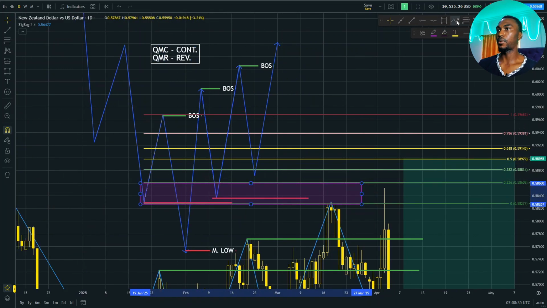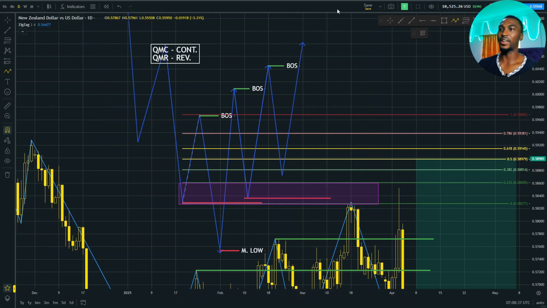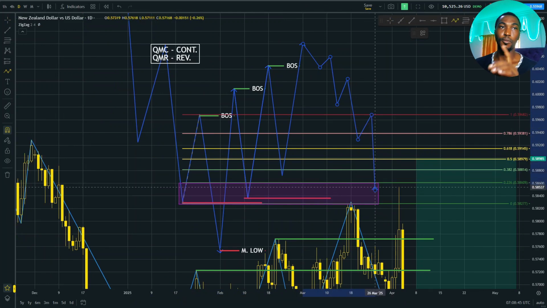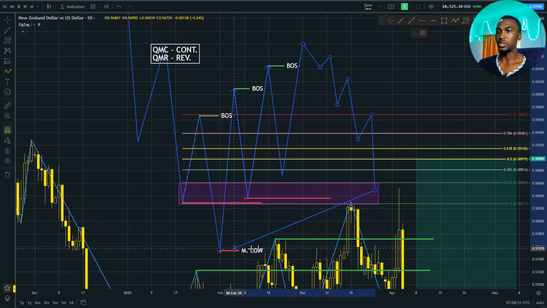Now, he expects that price does whatever it's doing, goes whatever distance it wants to go. But when price finds its way back to this level, it is highly expected for price to kick into this level. It can find its way all the way down towards this low.